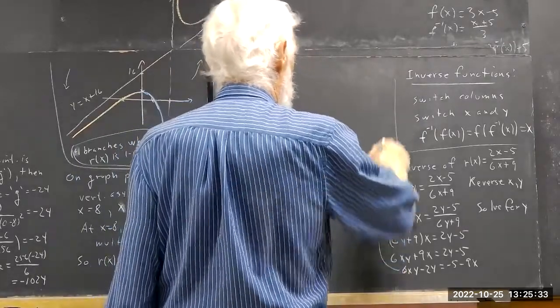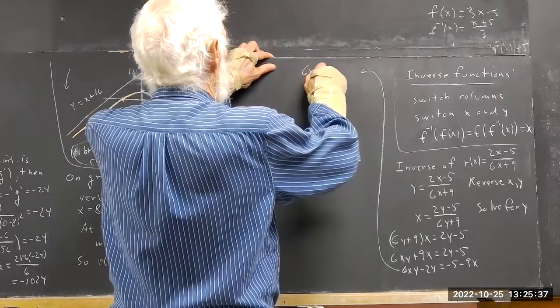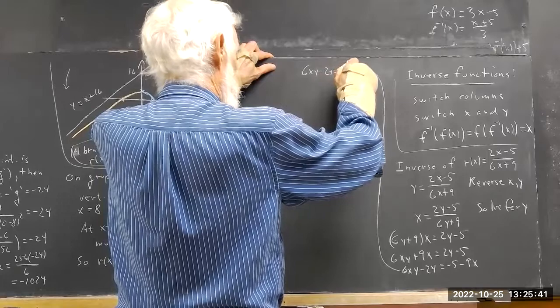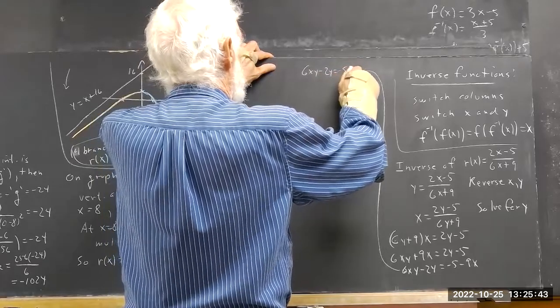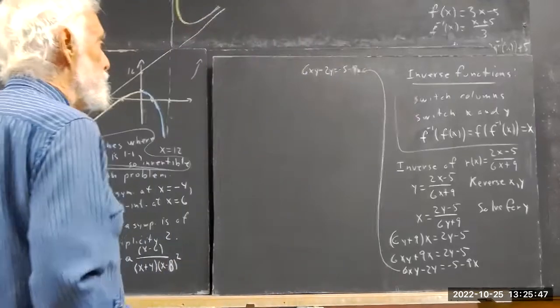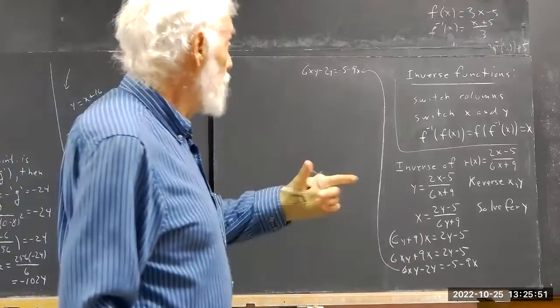Okay, well, rewrite it. So we got 6xy minus 2y equals -5 minus 9x. How are we going to solve that for y? Well, we factor y out.